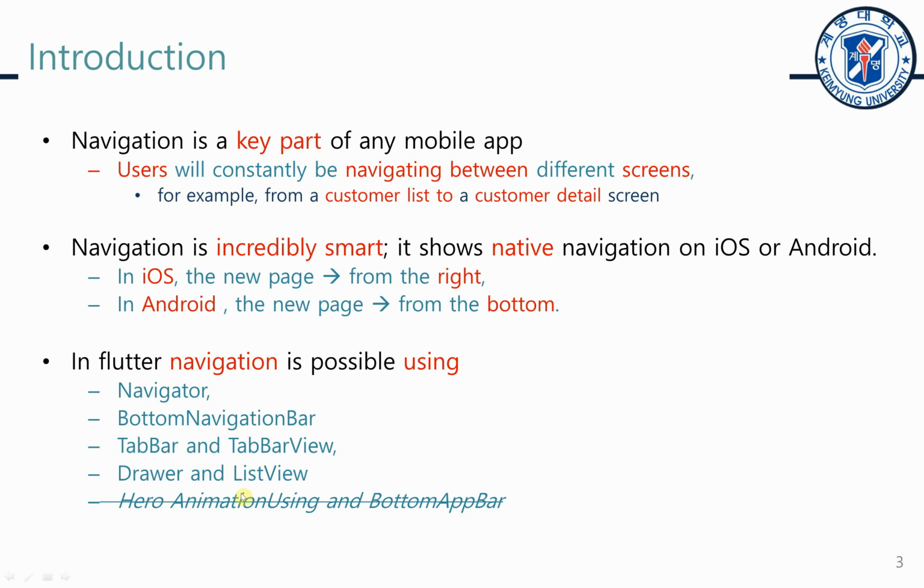So in this case we see 1, 2 and 3, and I think that's enough for this course. If you are really interested, you can study about tab bar, and you can study about bottom navigation bar, and you can enhance your skills of developing mobile applications using Flutter and Dart.